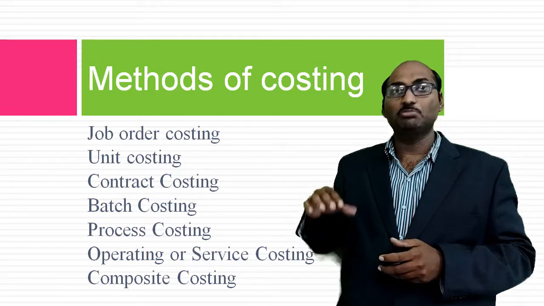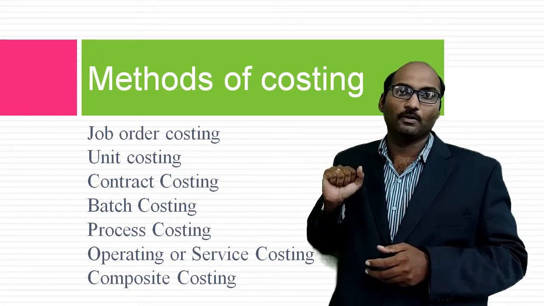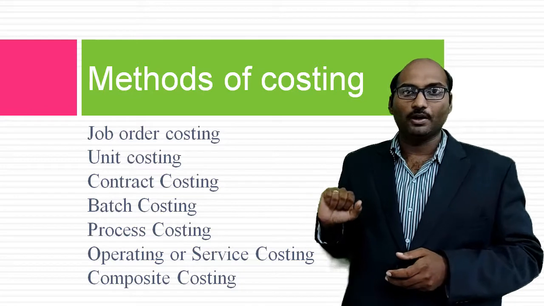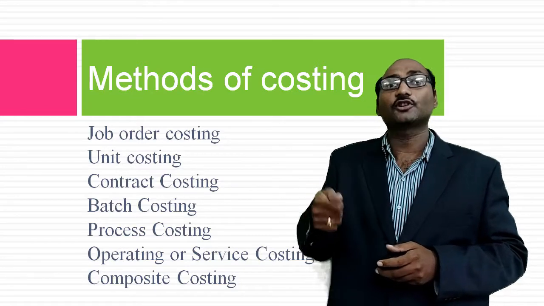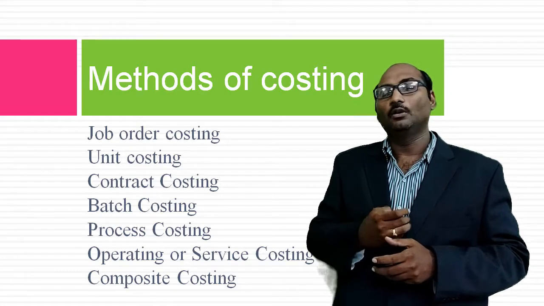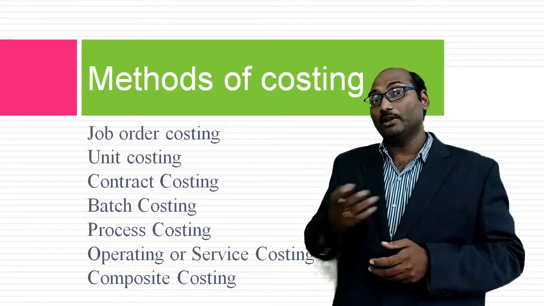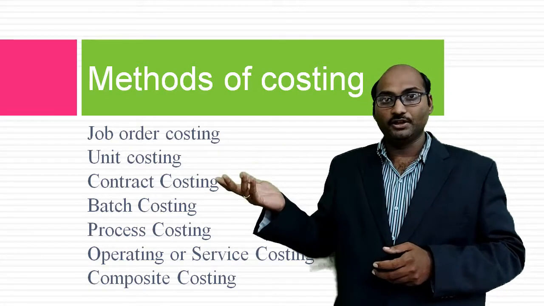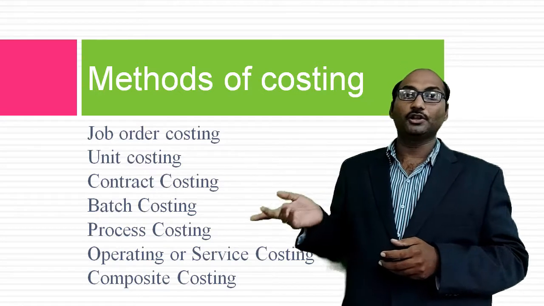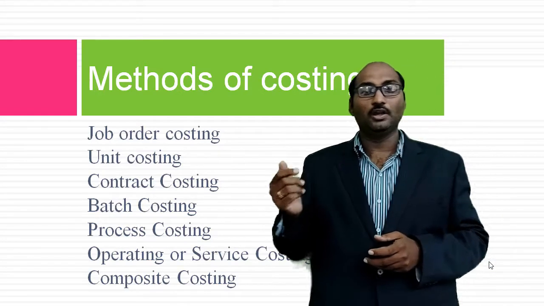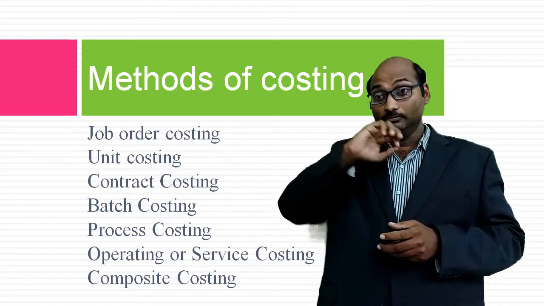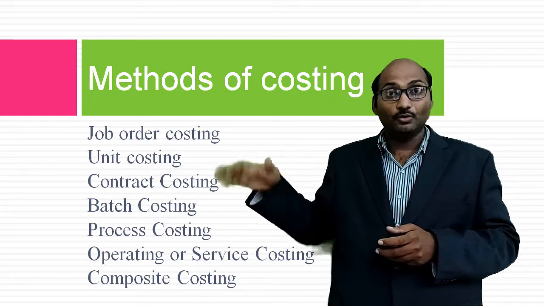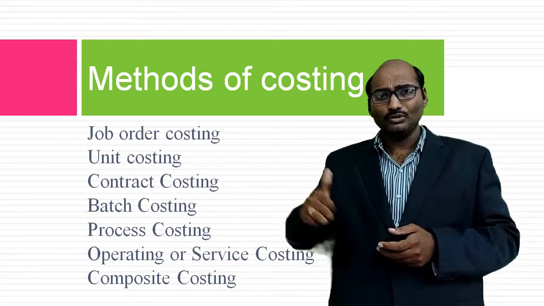It is much bigger than a simple job order. A very elaborate job order can be called contract costing, like construction of a building. Sometimes it may be more than one financial year, it can extend more than 1 year also. Like the National Highway Authority of India making national highways. Those are contracts, bigger ones.